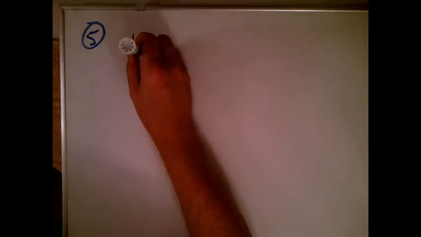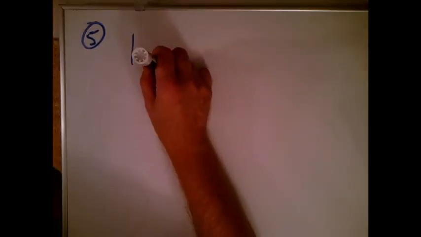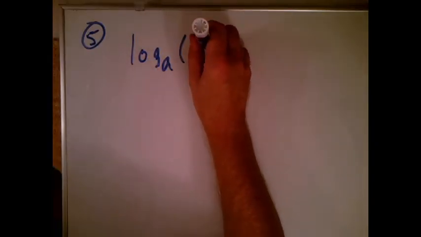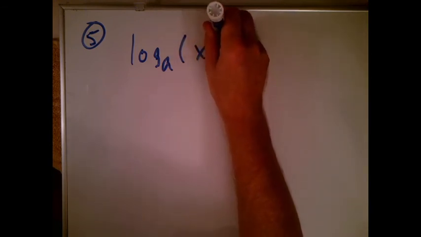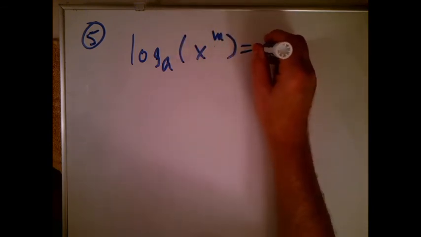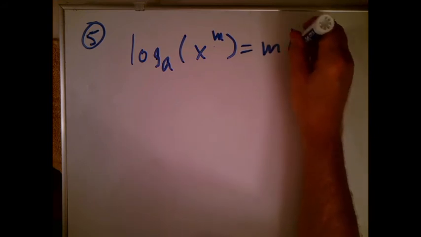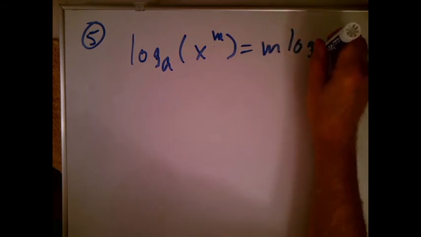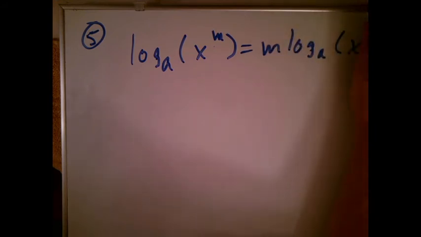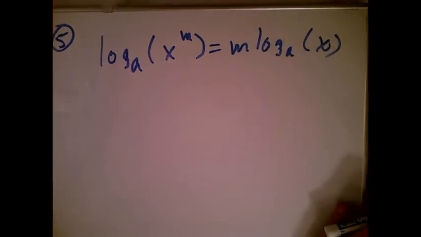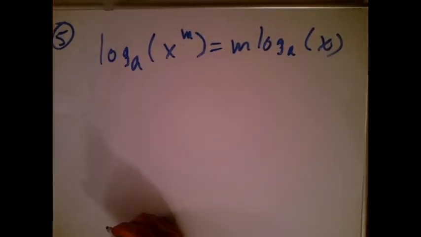What it tells us is that the log base a of x to any power, it says you can bring down the power. This actually shows up in calculus in a really funny place where no one expects it. So even though we use it to solve exponential equations, it's going to show up a lot.